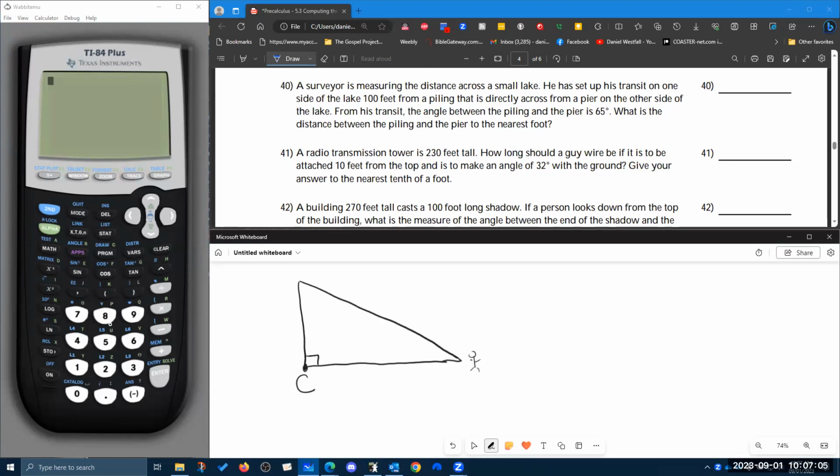He's at point B here on the other side of the lake, and he's measured the distance to be 100 feet. And he's measured this angle here as 65 degrees with an instrument called a transit.